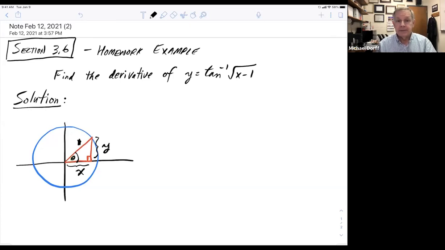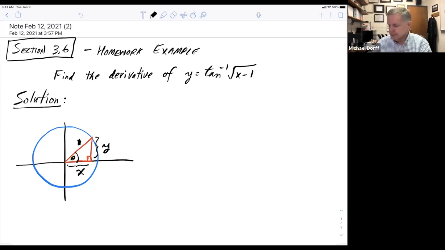So what is a tangent function? Well, a tangent function or any trig function can be thought of as a circular function. That means if I take my regular xy axis and draw a unit circle on there, then I can put in a right triangle with side lengths of x for the base, y for the height, and the hypotenuse being 1.